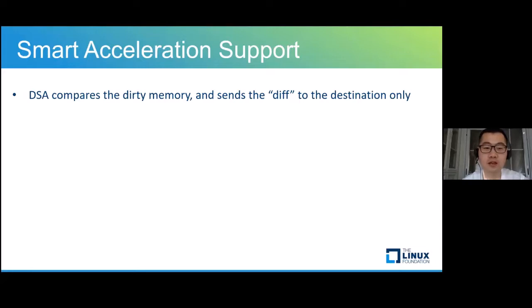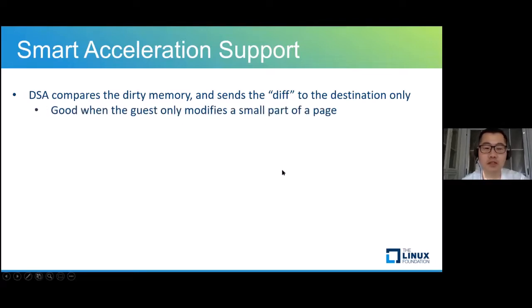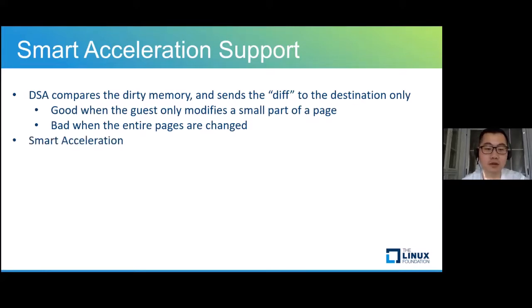DSA can help to find out the 1 byte. This works efficiently when the guest only modifies a small part of a page. But if the guest writes the entire 4K page, the 4K bytes each time, then DSA delta encoding might not be efficient. In that case, we can use QAT to compress the 4K bytes instead of doing the delta processing. So we want to have a smart acceleration here.